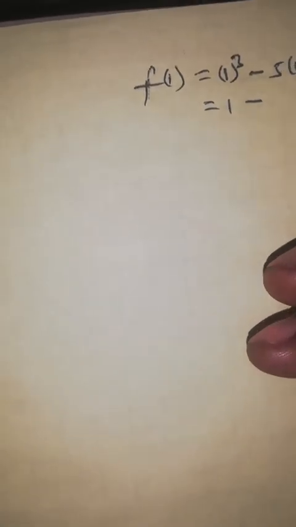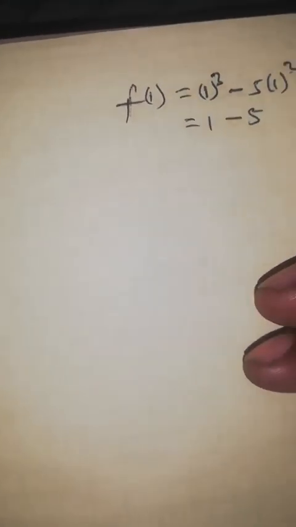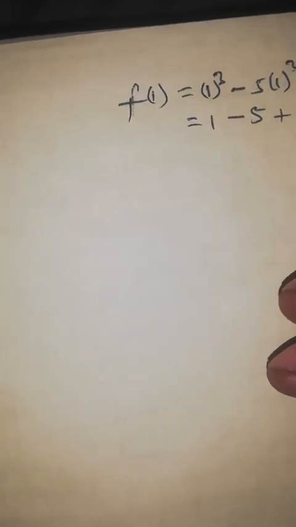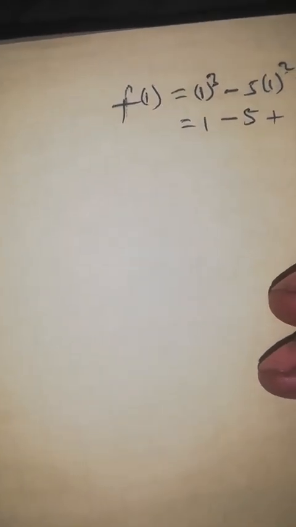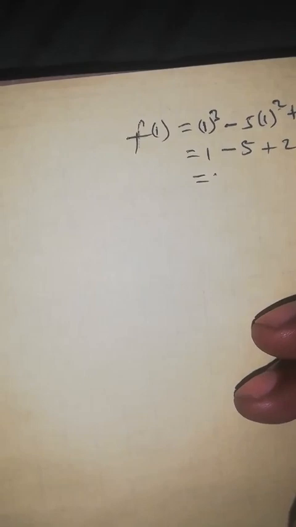We add 1 cubed, it's 1, minus 5 times 1 squared, it's 1. So 1 times 5 minus 5, it's minus 5. Then plus 2 times 1, it's 2. Then plus 8, which is equals to 1 minus 5, it's minus 4. Minus 4 plus 2, it's minus 2. Then minus 2 plus 8, it's 6.